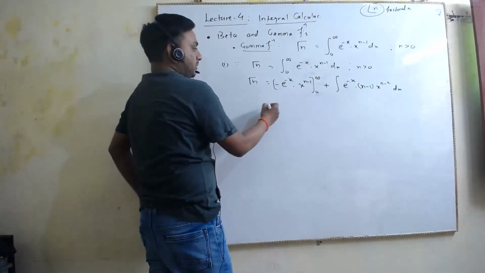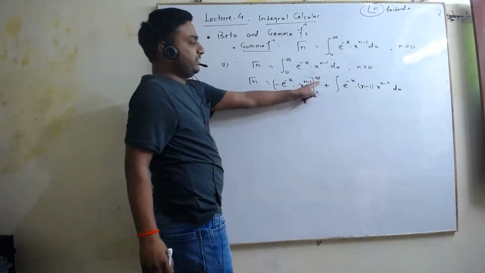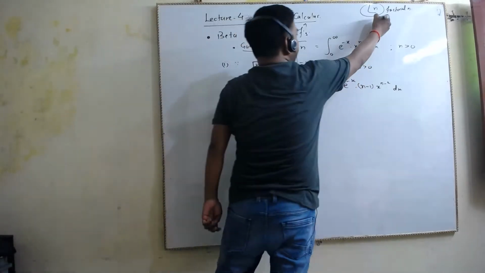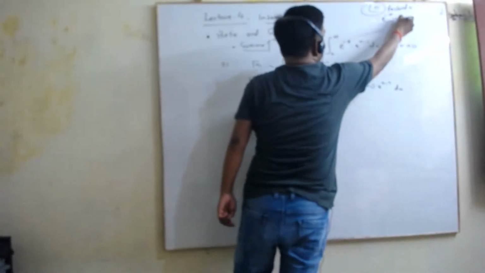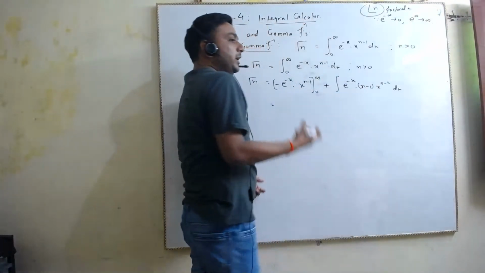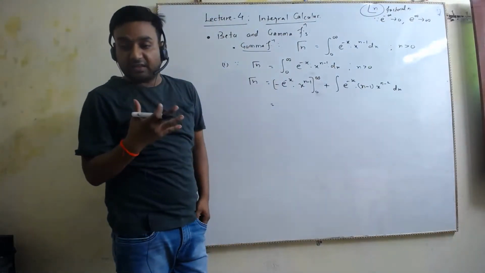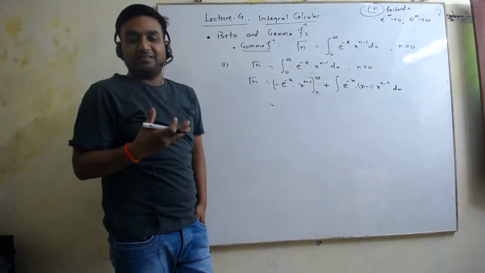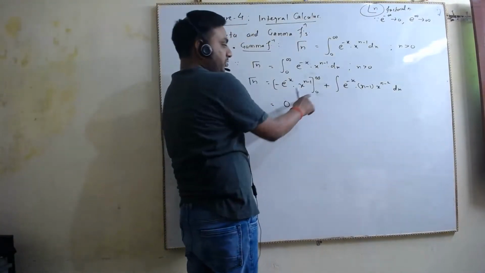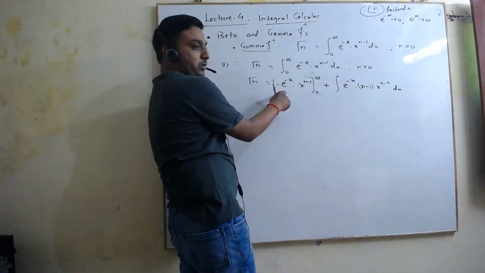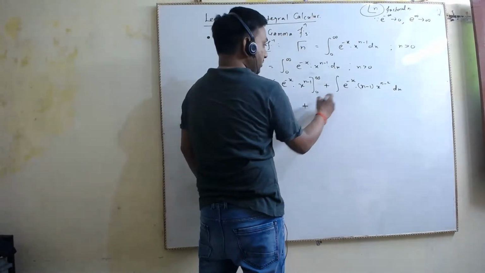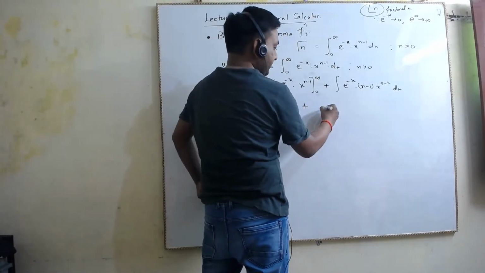Can you tell me what is e raised power minus infinity? E raised to the power minus infinity is always 0. And e raised to the power infinity always tends to infinity because e is a number greater than 1, originally lying between 2 and 3. So e raised power minus infinity is 0, and x का value 0 लेंगे, so you will get 0 here.